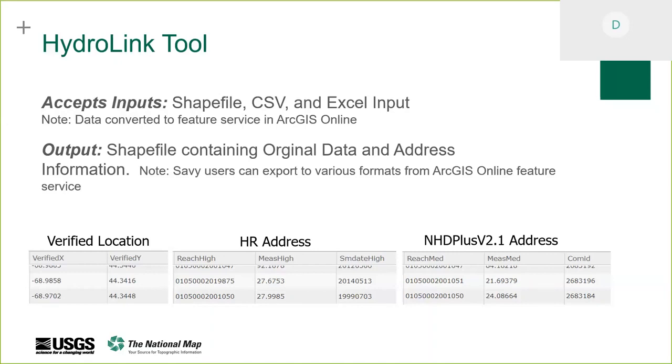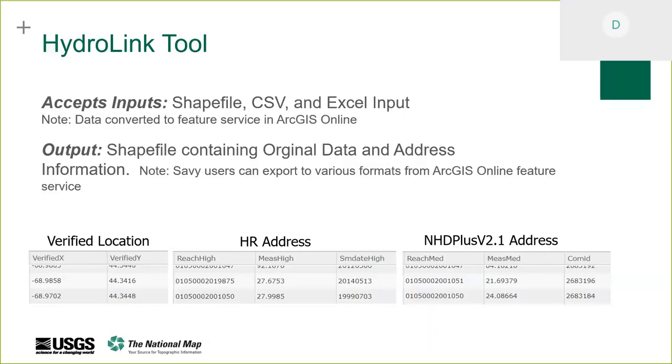On the left, you can see the 2 fields that show the verified location of the point. Then you have a few fields that represent the high-res address, and then a few fields for the NHD Plus medium resolution as well.